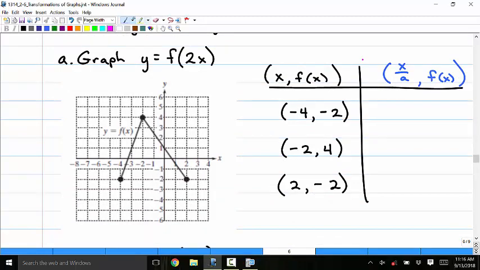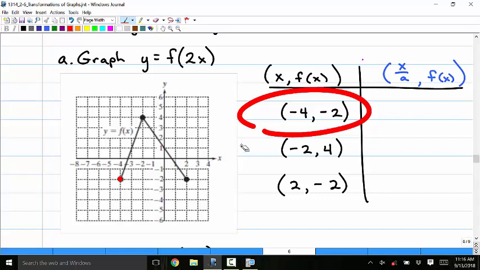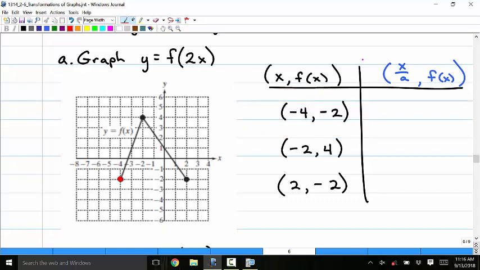In the example, I gave you the point -4, -2. Right here, -4, -2. Up in the box, what did I tell you to do to the x value? You divide it by a. What is a? 2. So I want to divide this by 2. So what's my new point going to be?